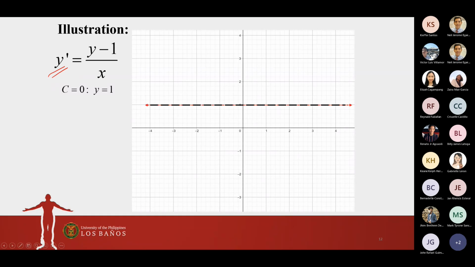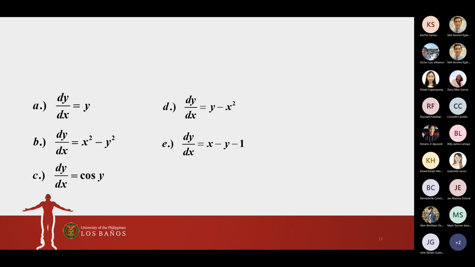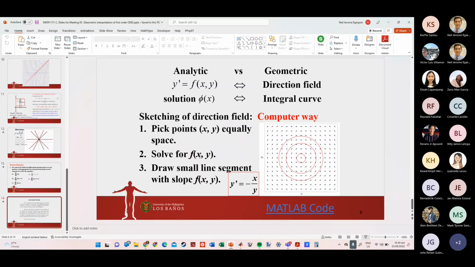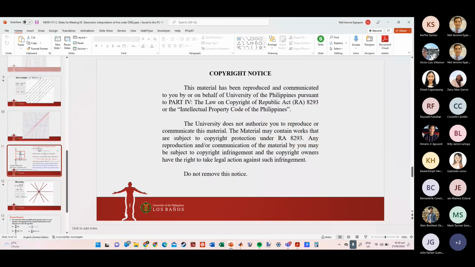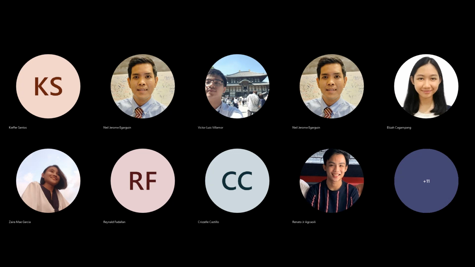Well, what's happening? Sorry. Okay. My slides were messed up. So, let me see. Hold on, guys. Okay. Dapat i-check natin kung paano magpakita na may nag-exist na unique solution using Picard's theorem.